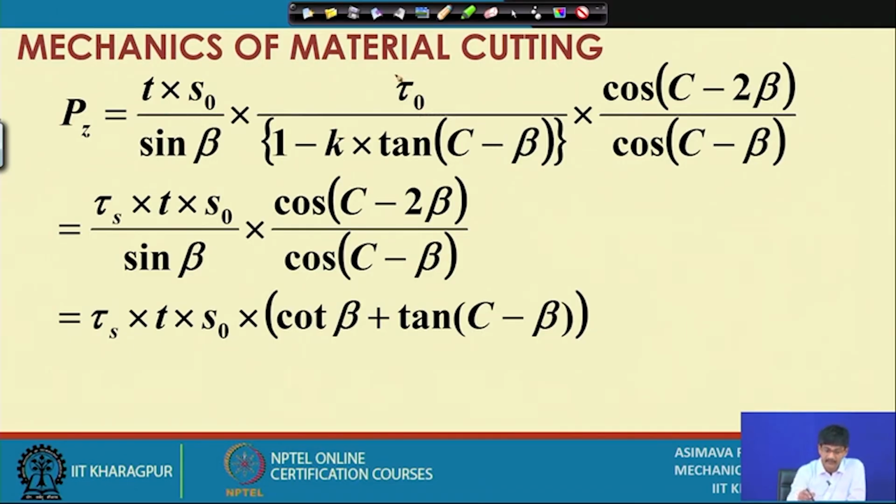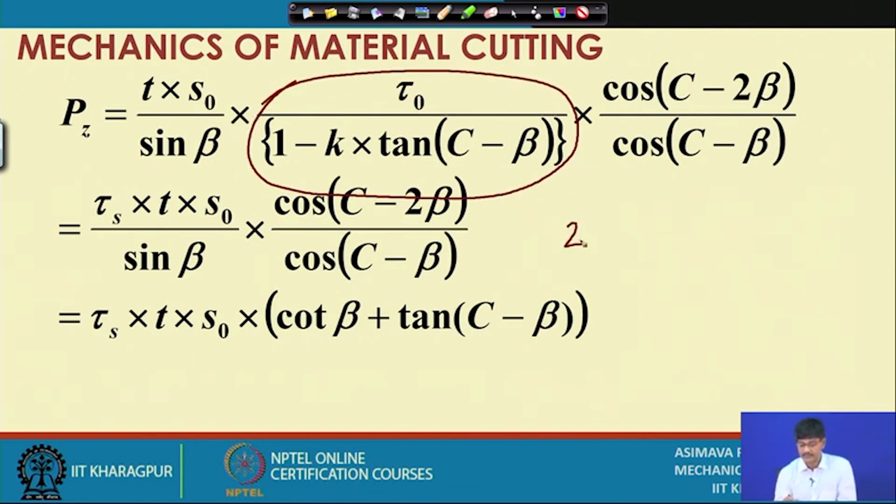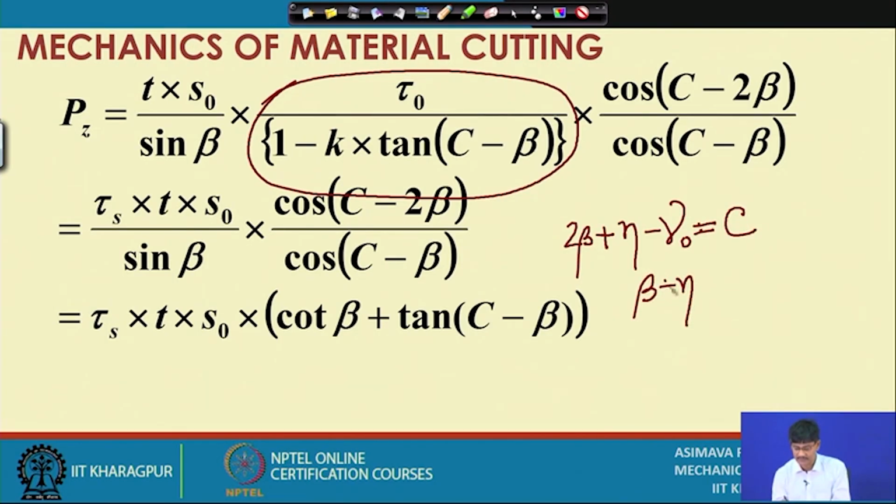This one expression, since twice beta plus eta minus gamma O is equal to C. Therefore, we can write beta plus eta minus gamma O equal to C minus beta, and therefore, we have replaced those values here.